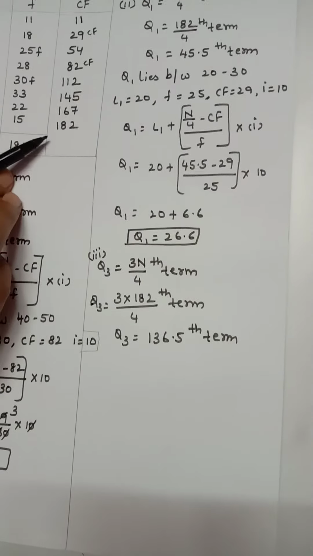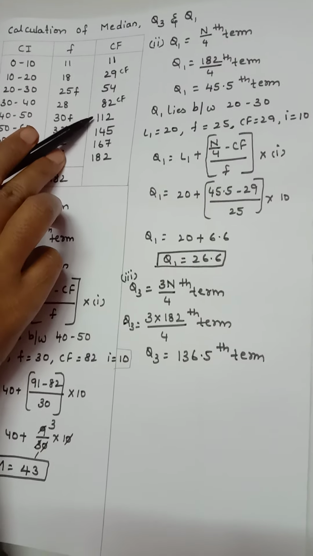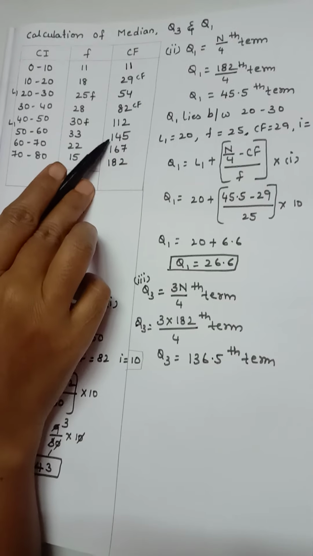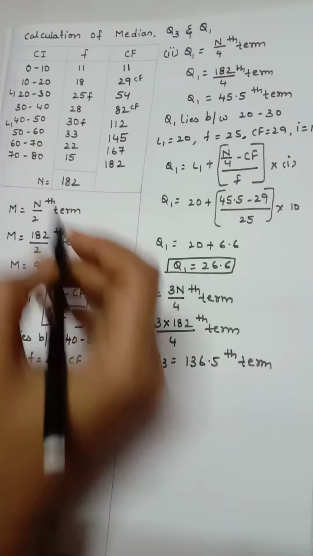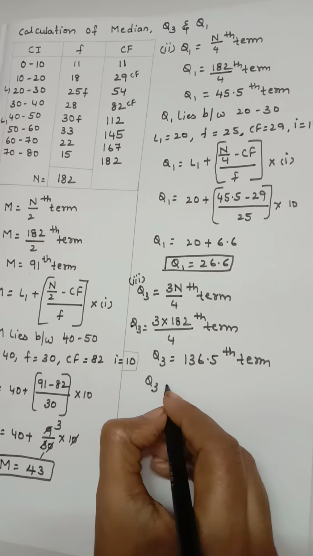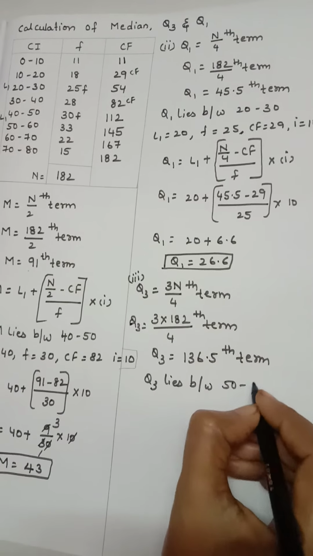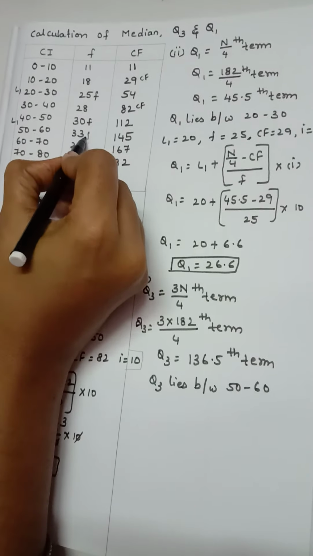It is lying in 145, since 112 is less than 136.5. So Q3 lies between 50 to 60.